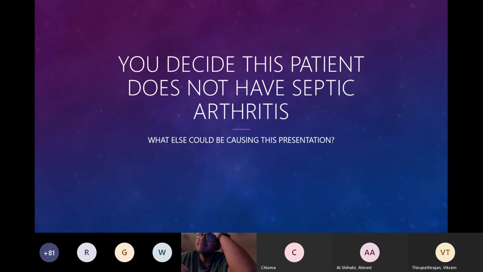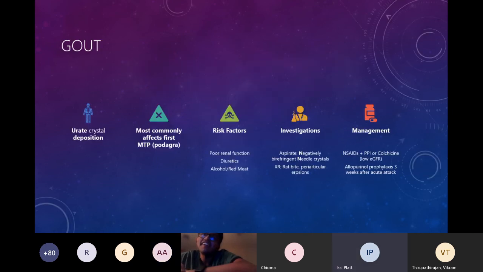So if it's an acute onset of pain, you might be thinking about a crystal arthropathy like gout or pseudo gout. Shall we talk about gout first? Yeah, so gout is normally the first metatarsal joint, whereas pseudo gout is often bigger joints like the knee.